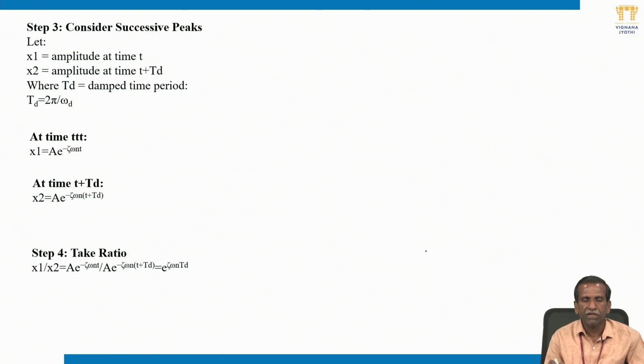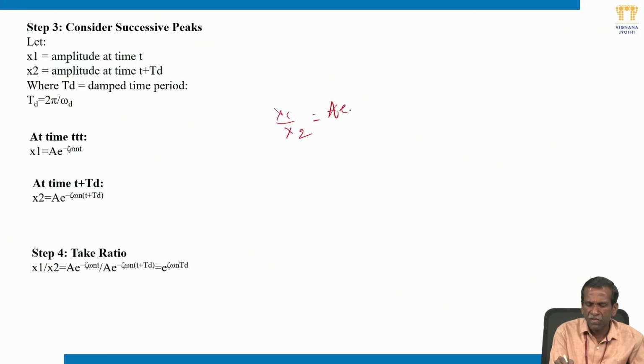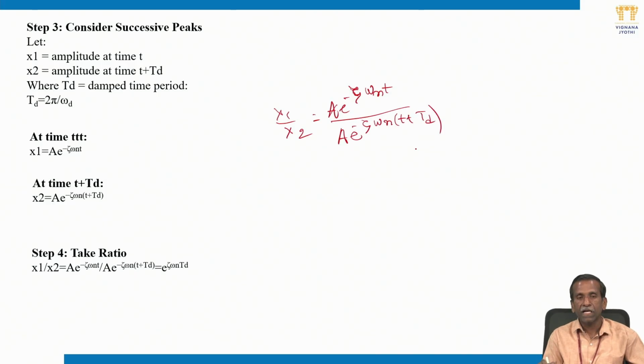Then if you write the ratio x1 by x2, you get A e power minus zeta omega n t for x1, the maximum amplitude at that time, and A e power minus zeta omega n (t plus td) for x2. So we know that this ratio is going to give e power zeta omega n td.